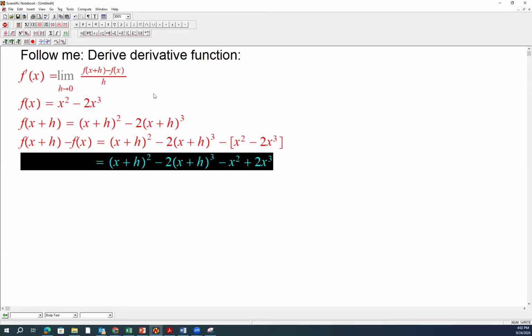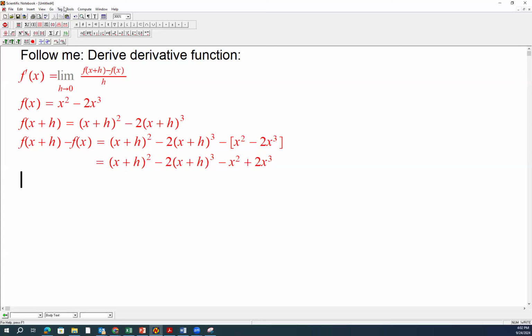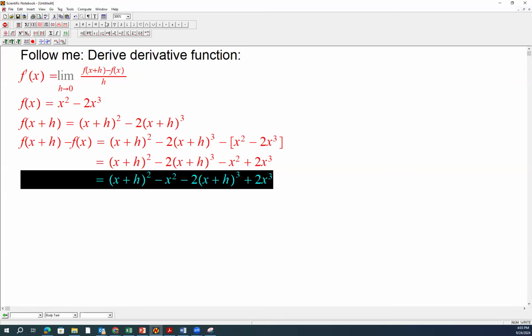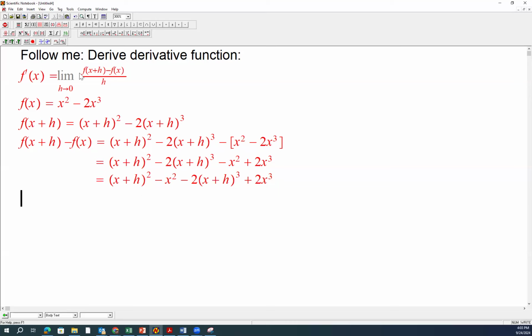So before I do that FOIL, because I know it's going to be a pretty long FOIL, I'm going to do some regrouping. So I'm going to do the minus x squared and put it in with the x squared. And so these two are together, these other two are together. And I might be even doing some factoring.